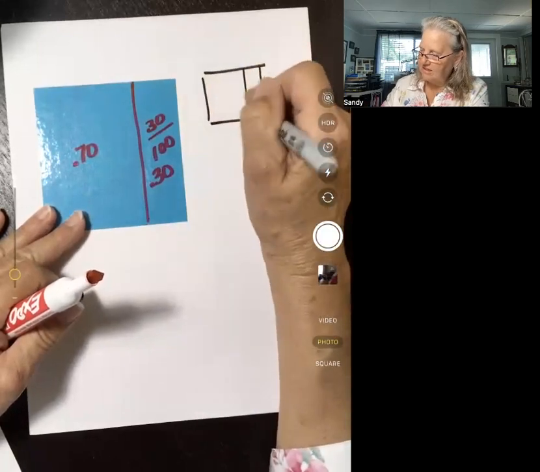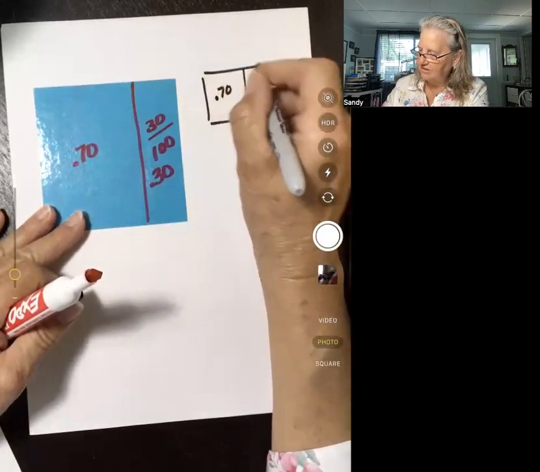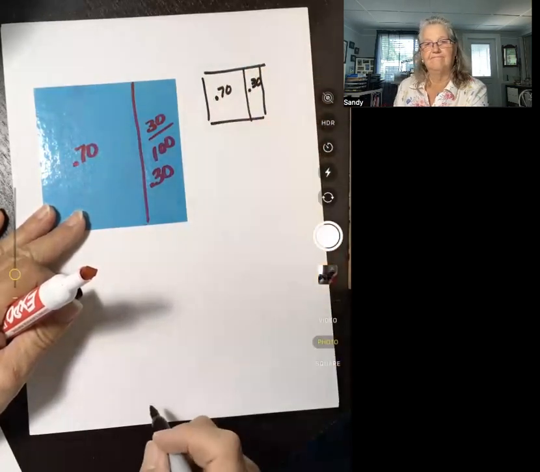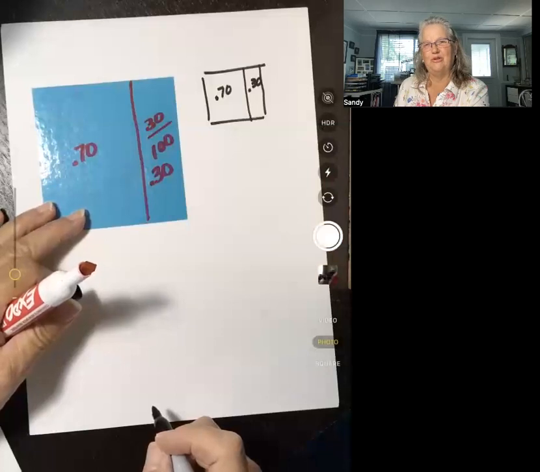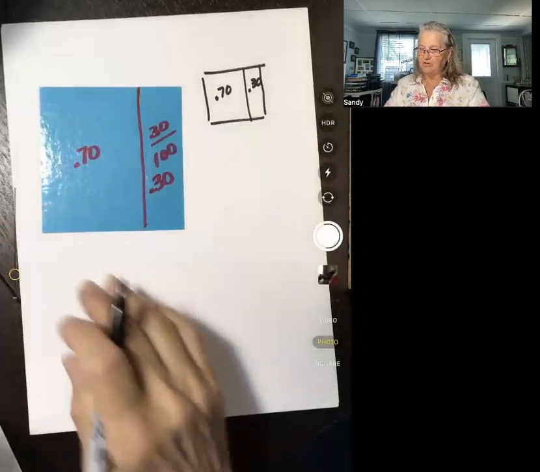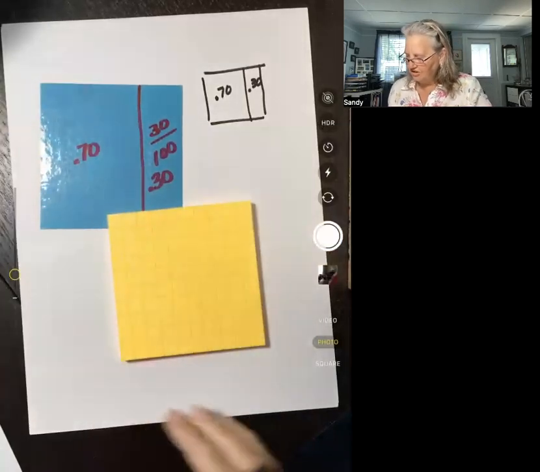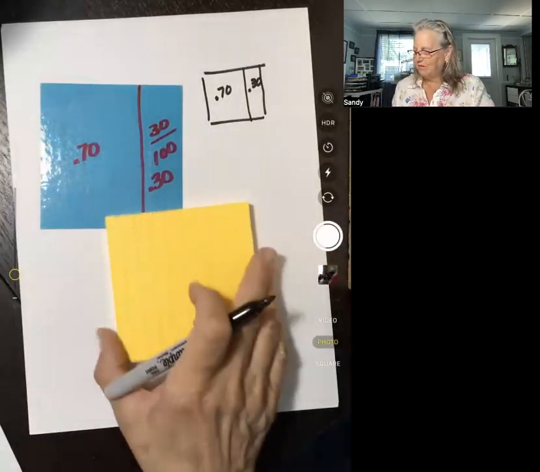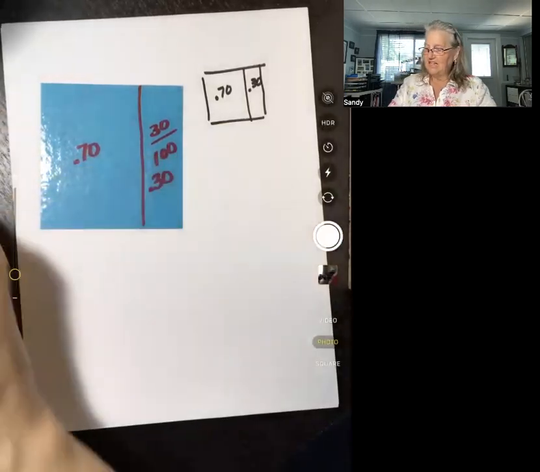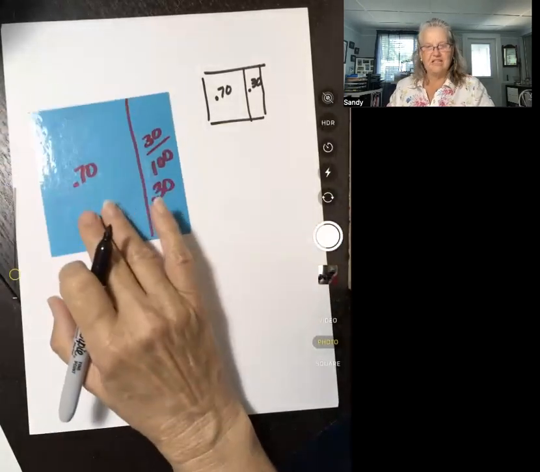I can cut this into 70 hundredths and 30 hundredths. Okay, decompose the whole and think of it in terms of these decimal fractions. So this one, I could use dry erase on this, but when I turn it over, I'm still seeing all of those 100 pieces. Here, I turn it over, I can see blanks.